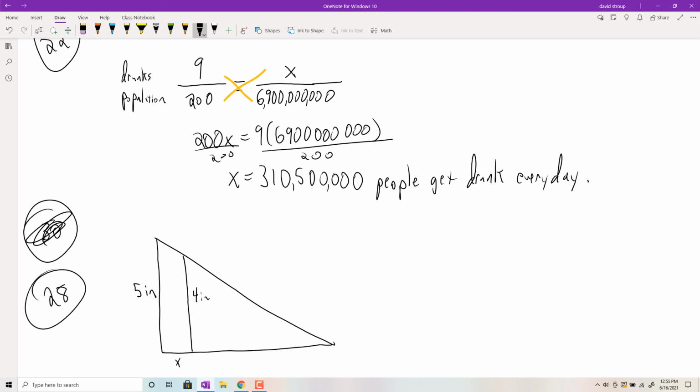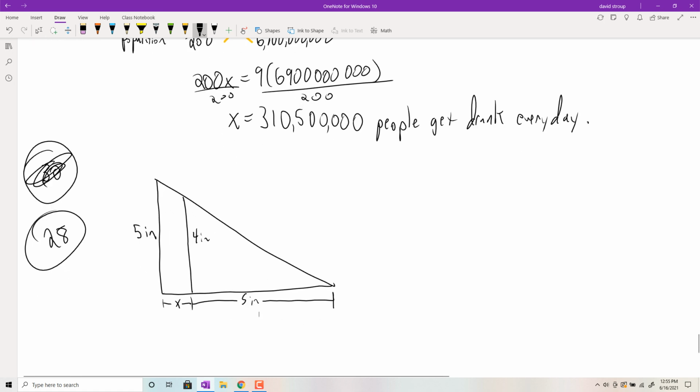So we want to figure out what x is, and we're also given that this length is 5 inches. The bigger triangle I'll put in green, and the little triangle sitting inside of it I'll put in blue. Here's the other triangle inside of it.